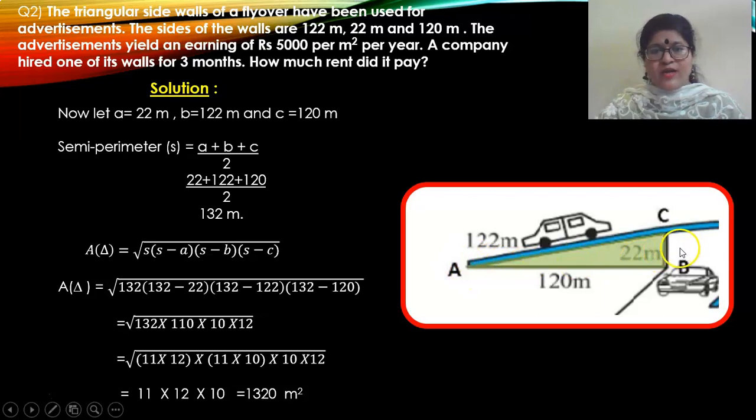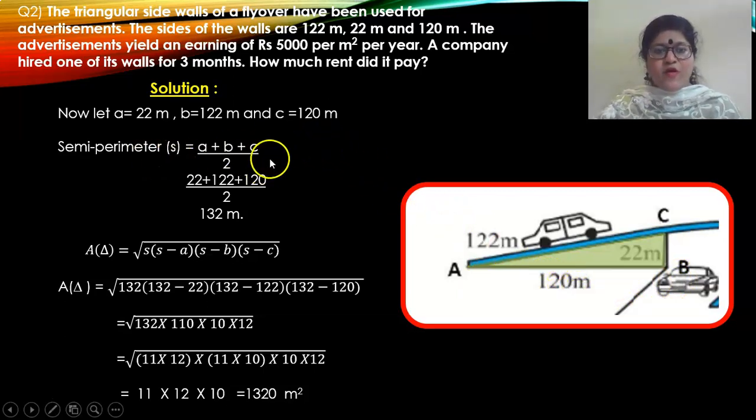So BC will be small a, that is, small a is 22 meter. Then the side opposite to capital B, that is AC, will be small b, which is 122 meter. And the side opposite to capital C, that is this AB, will be small c, which is 120 meter.